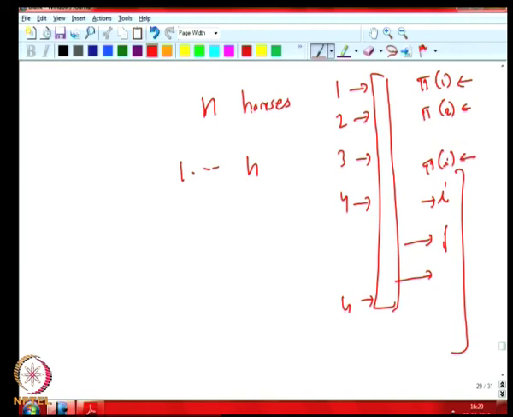Now, in how many permutations, how many ways, can you lose all the bets? I mean, none of his bets are correct, meaning there is no i such that in the ith position the horse he predicted comes. In that case we are again counting the derangements. This problem we will discuss in the next class, and this will be the last in the inclusion exclusion topic.